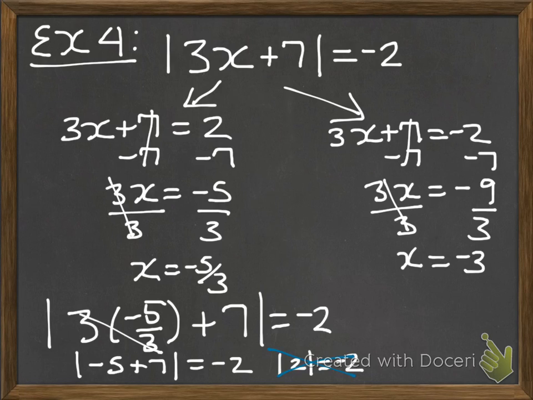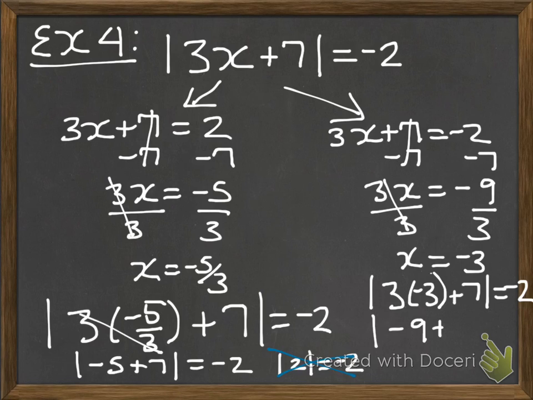And similarly, over here, if I plug in this negative 3 for my x in the original equation, so into the absolute value of 3 times negative 3 plus 7, I'm going to see if that equals negative 2. And again, we'd have the absolute value of negative 9 plus 7 equaling negative 2.